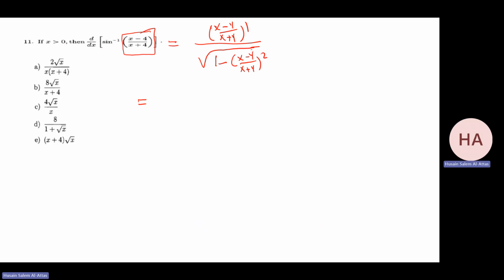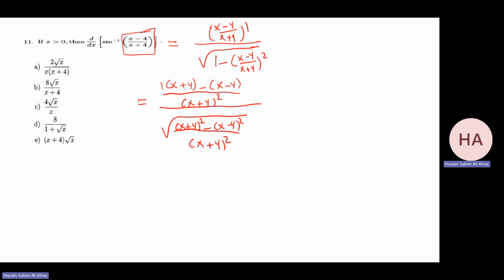The derivative of the numerator: 1 times (x plus 4) minus (x minus 4), over (x plus 4) squared, all over the square root of 1 minus ((x minus 4) over (x plus 4)) squared. That gives me (x plus 4 minus x plus 4), which is 8 over (x plus 4) squared, times the reciprocal of this, which is (x plus 4) over the square root of what?